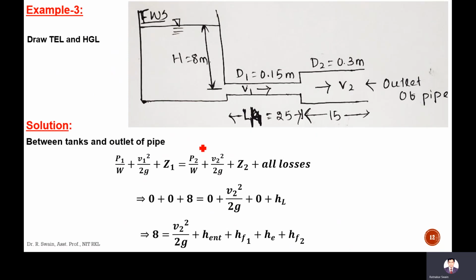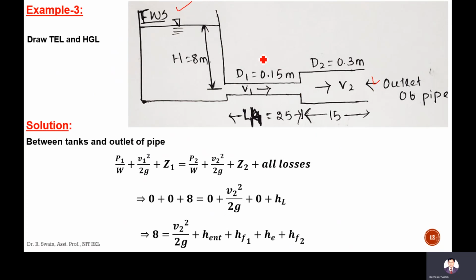Next, consider this example, to draw the TEL and HGL, the total energy line and hydraulic gradient line. In this example, there are two pipes connected to this reservoir. Here the pressure is atmospheric, and it is discharged to the open atmosphere.